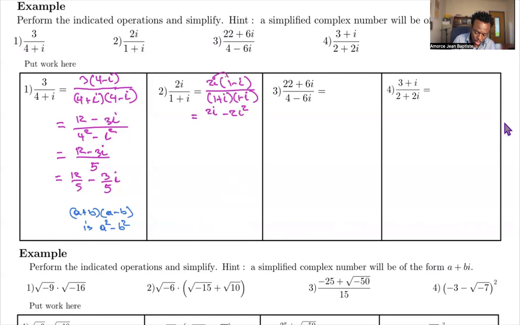We distribute the 2i, over 1 squared minus i squared. So that is negative 2 times negative 1, that's 2, plus 2i over 1 plus 1, right? Because negative times negative 1 is positive. 2 plus 2i over 2, divide each by 2. So 2 over 2 is 1, plus 2i over 2 is i.